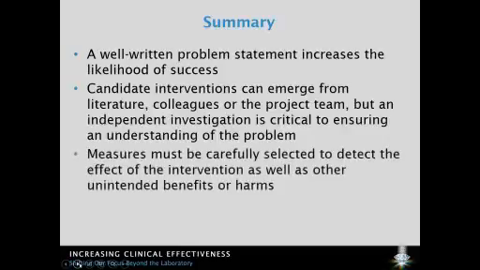And then when you select measures, you really need to select measures that are going to detect the effect of the intervention as well as other unintended benefits or harms. So you can't just select an intervention or a measure that focuses only on the good aspects of the intervention, because that leaves you open to challenges later on from other stakeholders.